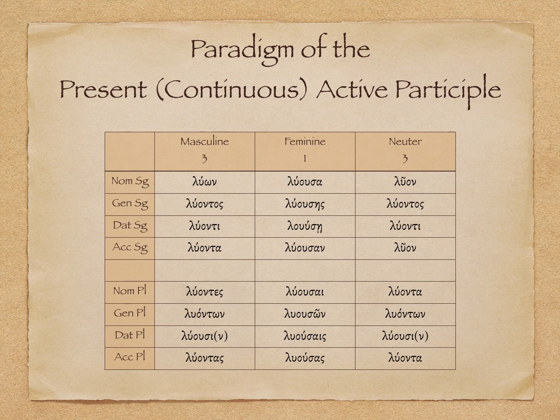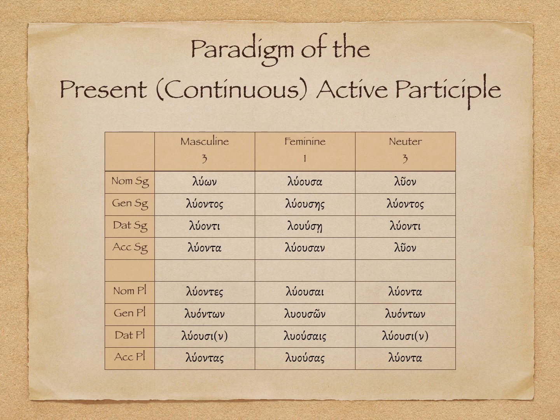The tau drops. It cannot stand at the end of a word. And here the omicron lengthens to omega to compensate for that loss. So luon. Similar in the neuter, except there is no lengthening of the omicron, and thus the circumflex over the upsilon and not the acute accent there.